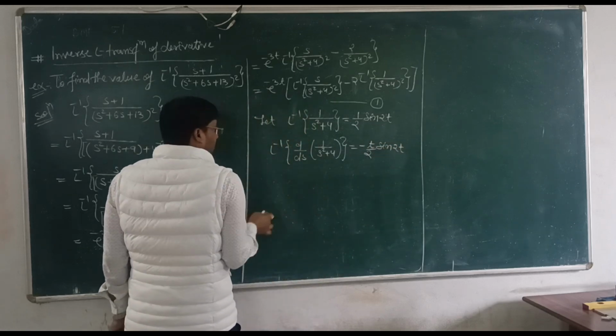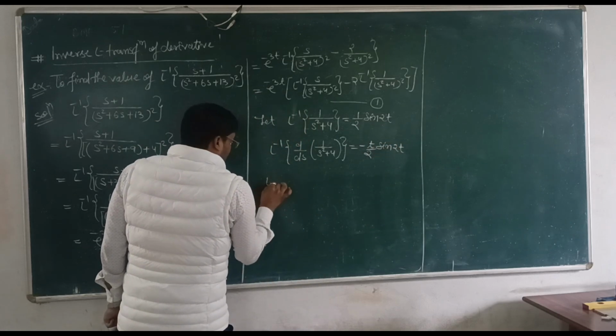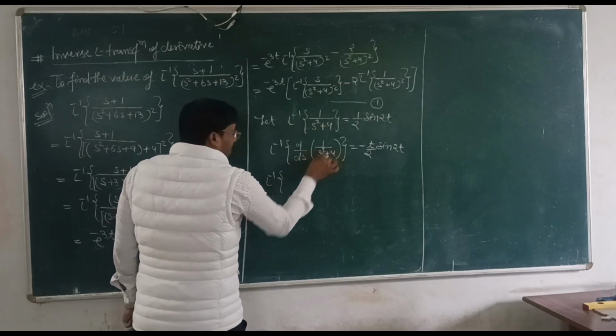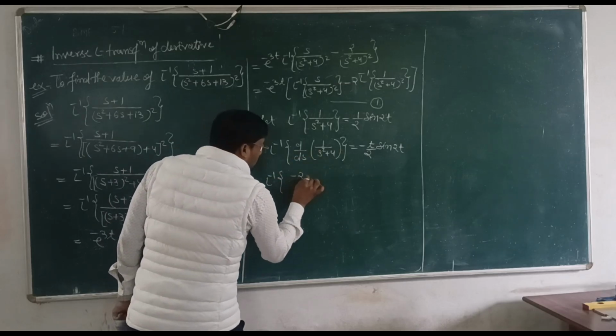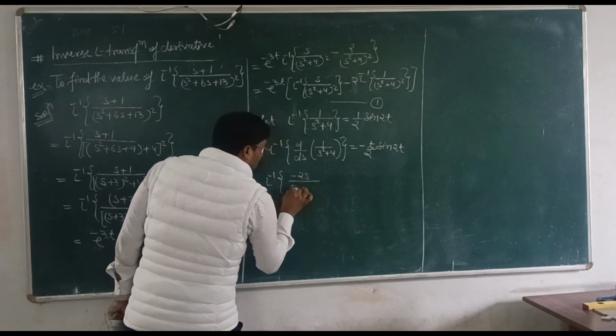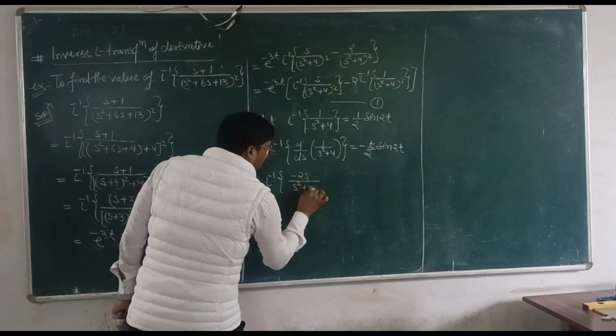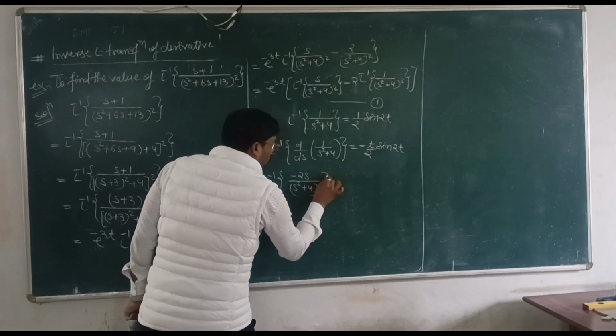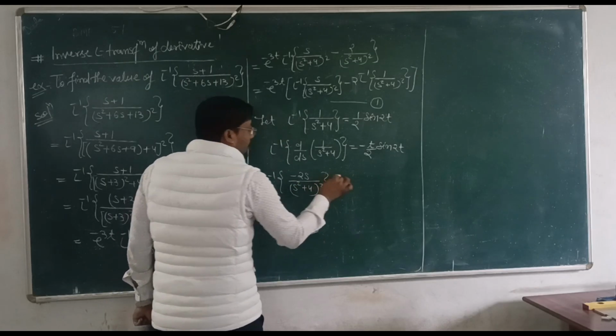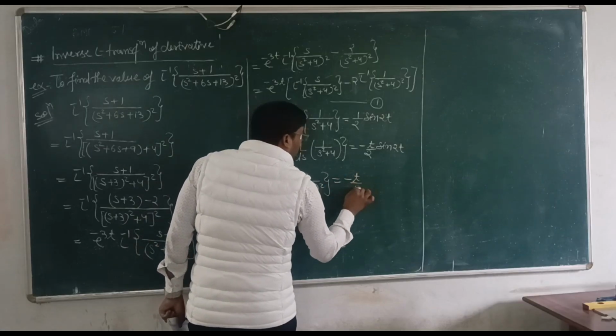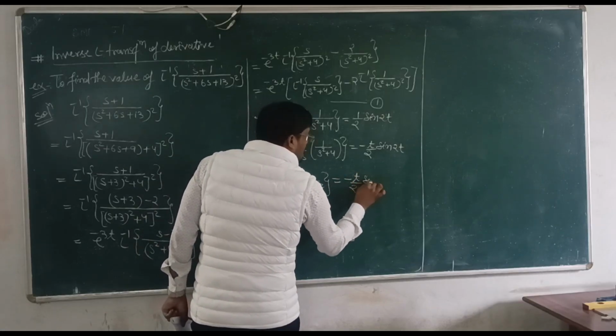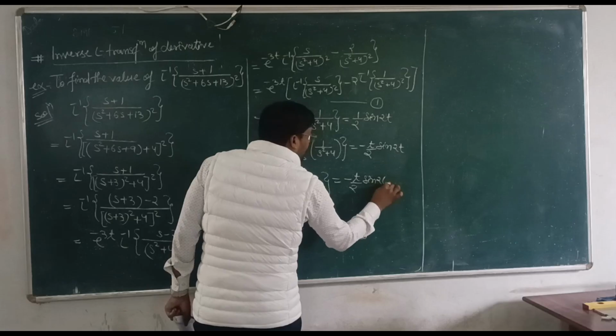Now you can write L inverse of the derivative of this function, which is minus 2s upon (s square plus 4) to the whole power 2, is equal to minus t upon 2 sin 2t.